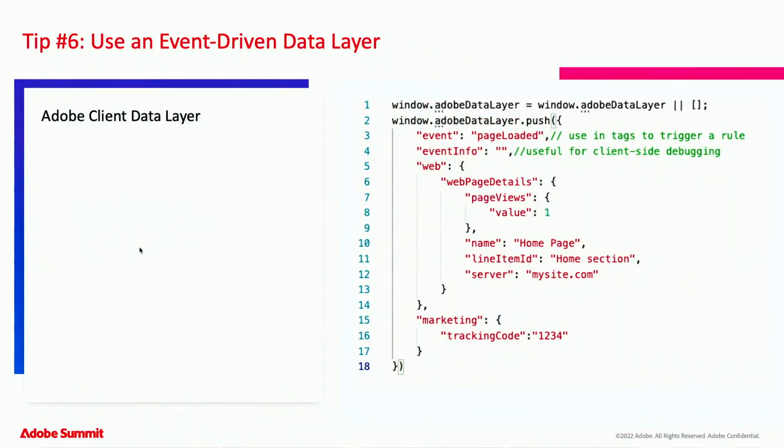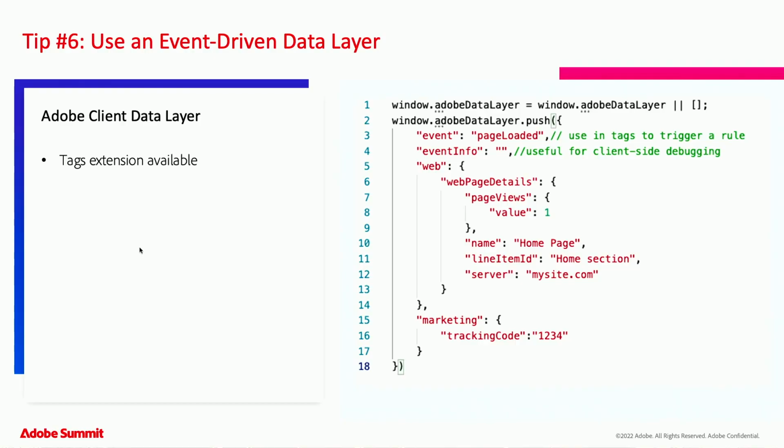And the event-driven data layer, there's an Adobe version of an event data layer that is available as an extension in launch. And it is an event-driven data layer, but it also comes with some functions that allow you to, your developers just push data into the data layer. It makes development very straightforward. This is very good for single-page applications.